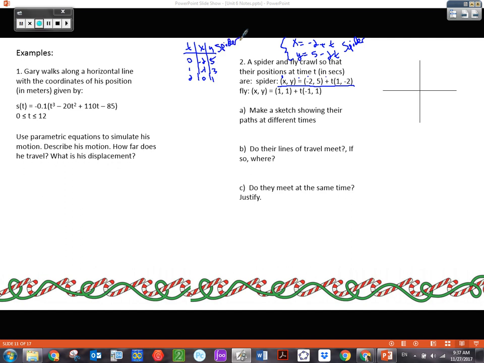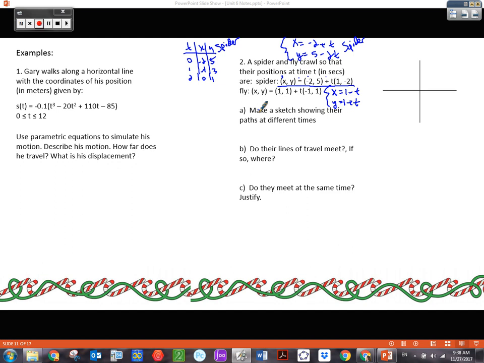So now let's translate the fly's equations into parametrics just so that we get some practice. Okay, so x would be 1 minus t, and y would be 1 plus t. I'm just taking it off of here. We seeing how that works? We're just taking the first position and making that x. The second position is y.